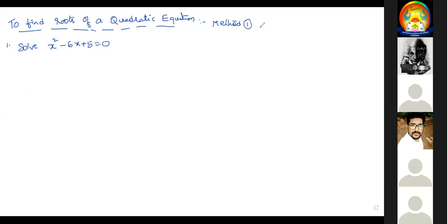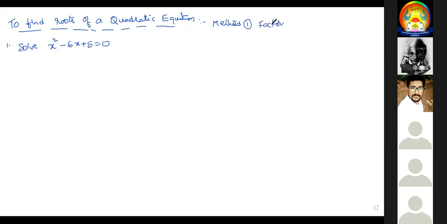When we are talking about method 1, it is called factorization. I think I explained it that day, but once more I'm repeating. Factorization, or splitting the middle term. So how to split the middle term?